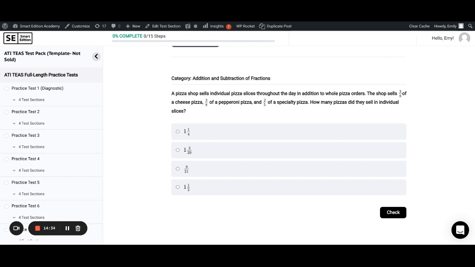How many pizzas did they sell in individual slices? Okay, the answer is B, 1 and 3/20.